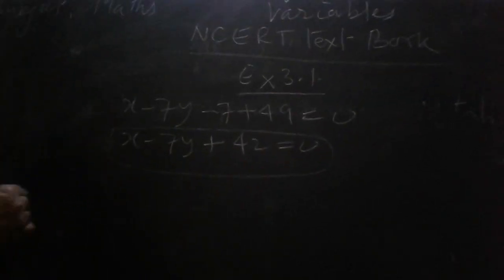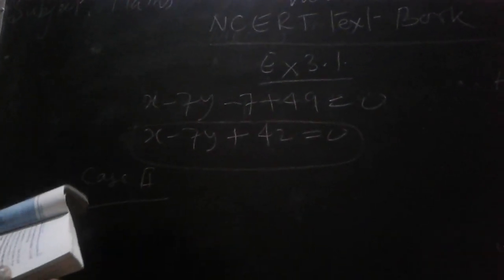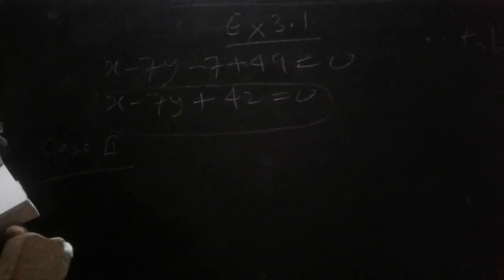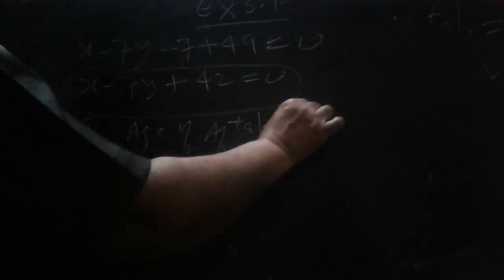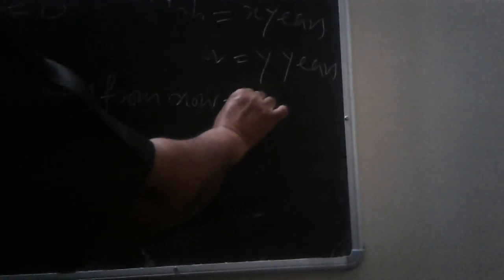Now according to the second condition, case second, age of Aftab 3 years from now. After means plus, ago means minus. So the age of Aftab 3 years from now will be x plus 3 years.